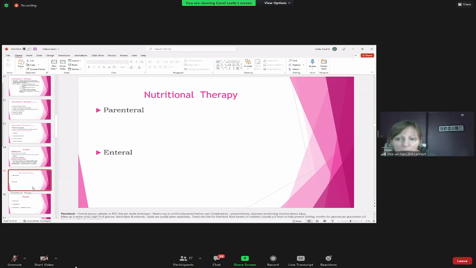Through a needle, like through an IV? You're on the right track. Yes. Okay. It's nutrition given through IV access. Okay. And what we talk about is TPN, total parenteral nutrition.